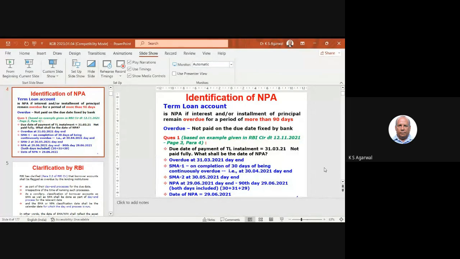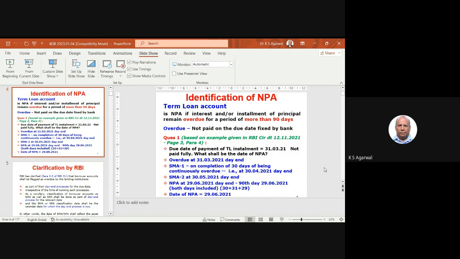So we have to calculate when the 90 days overdue period will expire. Its first day is on 1st April. Due date was 31st March. It became overdue at 31st March 21 day end, and 1 day it will complete on 1st April.